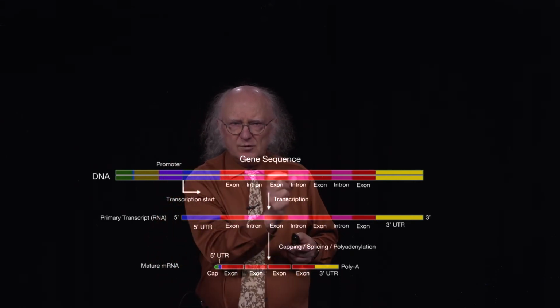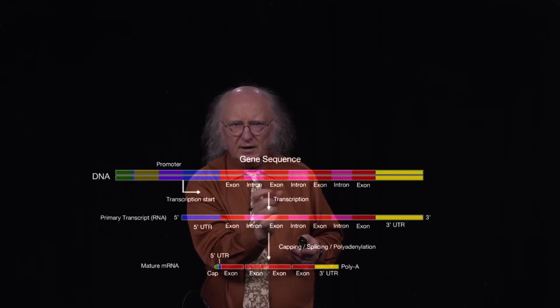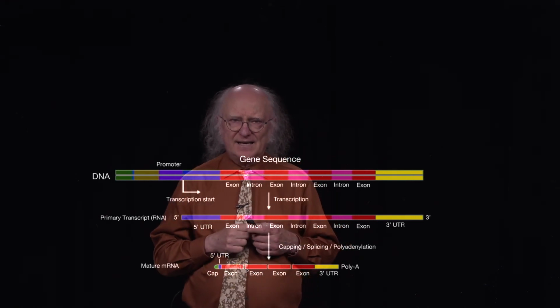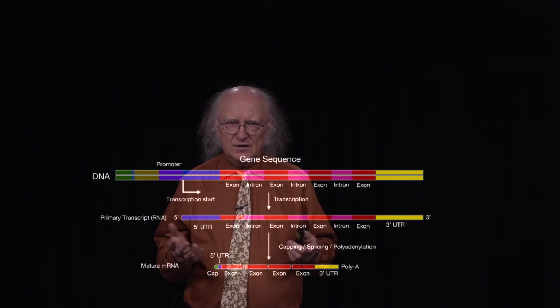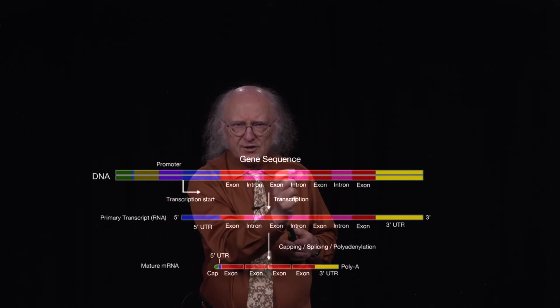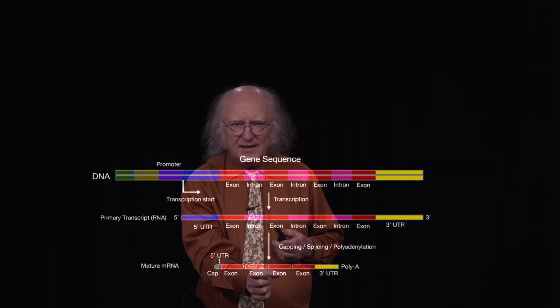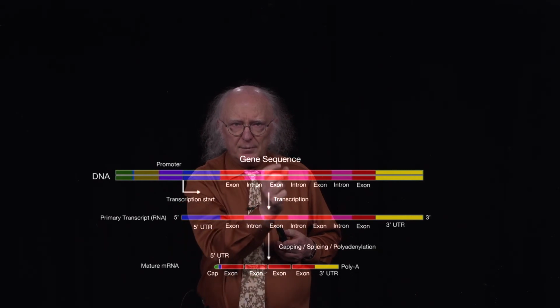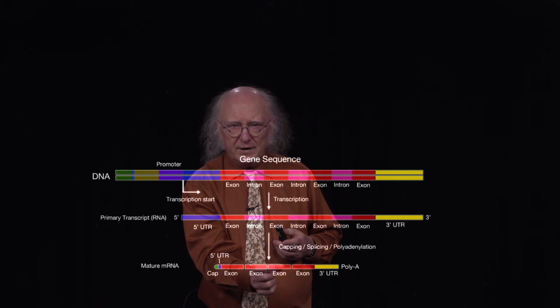Other sequences that you see on here are important to understand. Two of them are labeled here as introns and exons. Introns and exons are unique to eukaryotic cells. They're not found in prokaryotic cells. What are they? If you follow the progression, starting at the top and going down to the bottom, you'll notice that the introns that were at the top disappear, and the exons are what is left behind.